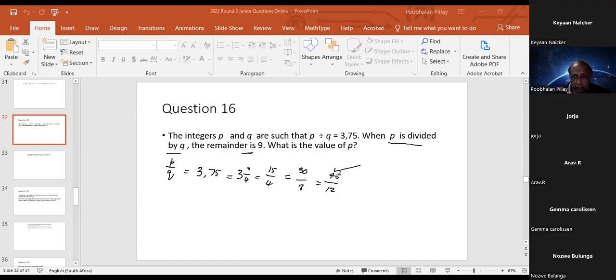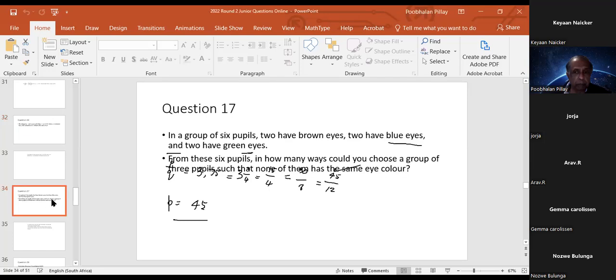But when you divide 45 by 12, you're going to get 3, remainder 9. So what's the value of P? P is just the numerator in this problem, P over Q. So it must be 45. Okay, so that's the answer to question 16. The answer to question 16 is 45.